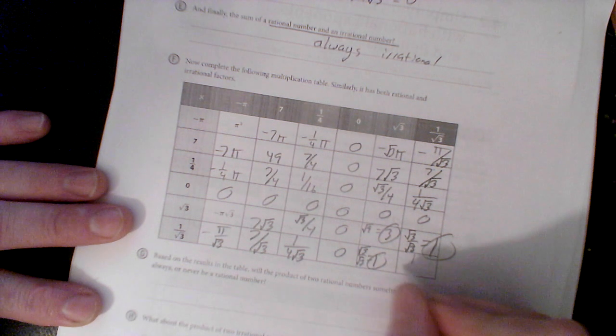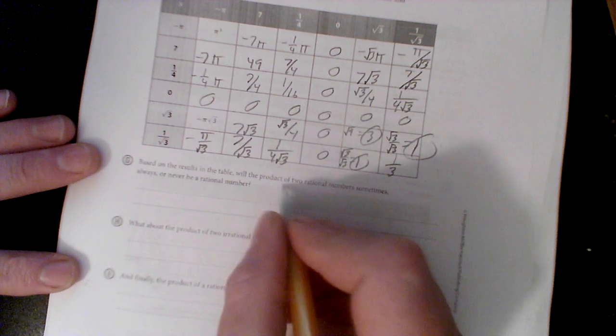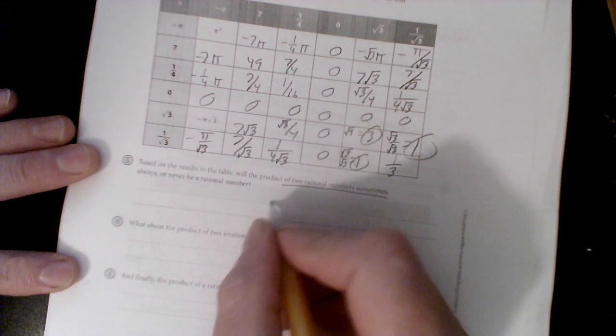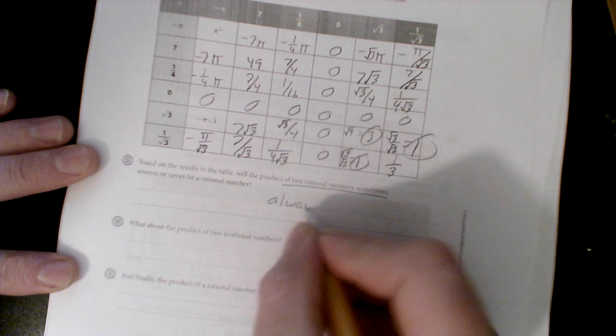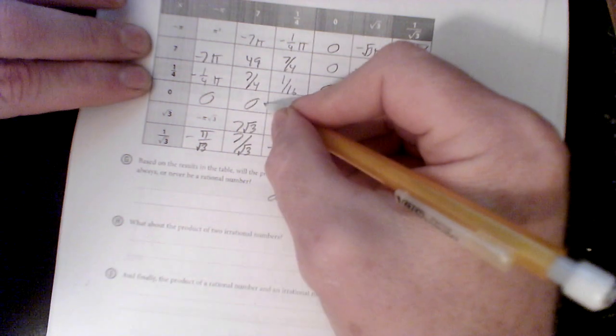And this one is 1/3. So based on this, will the product of two rational numbers sometimes or always be rational? Always. Right? Two rational numbers, here, here, here, here, always rational. What about two irrational numbers? We're going to say sometimes.